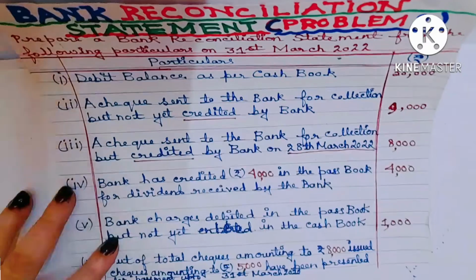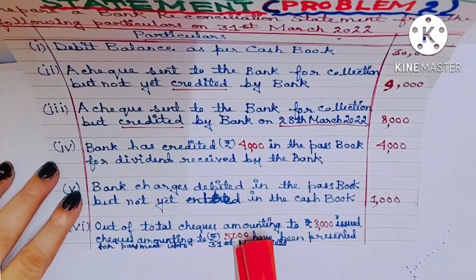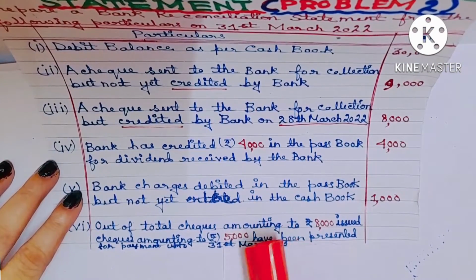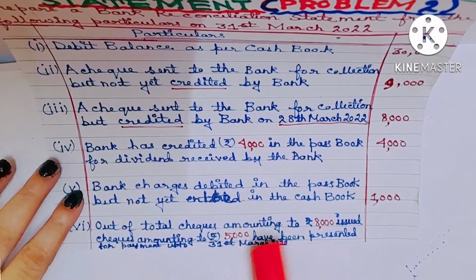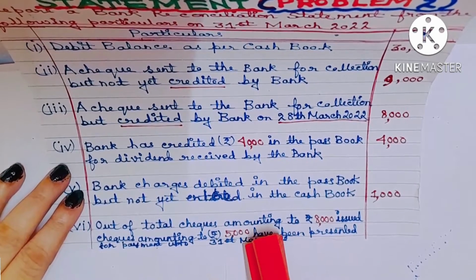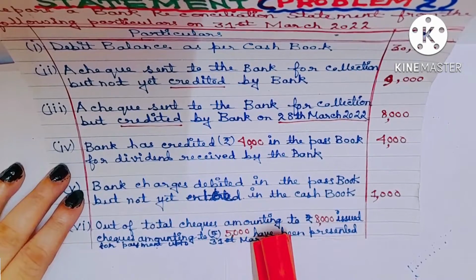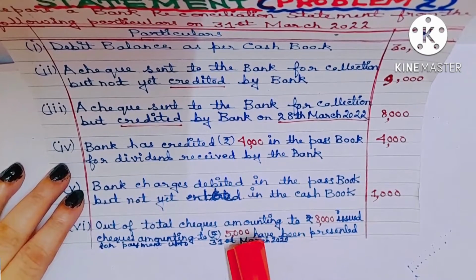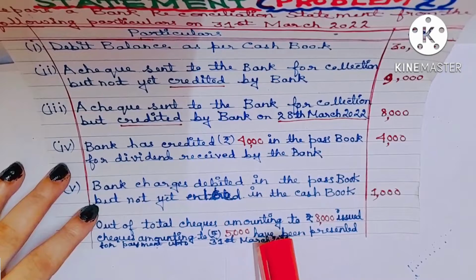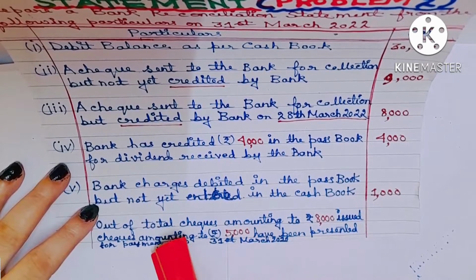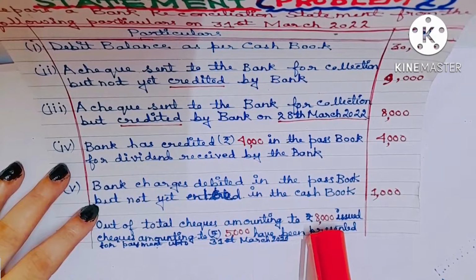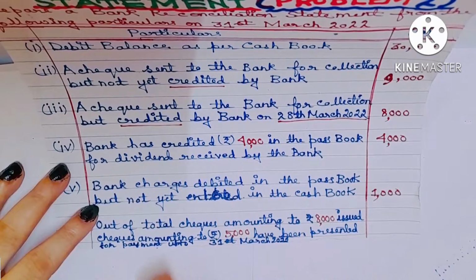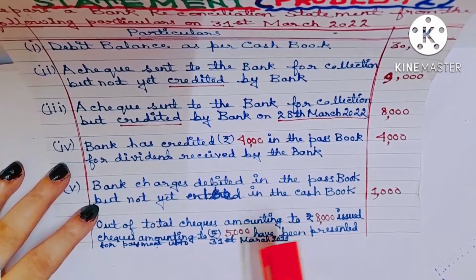That means suppose there are 2 checks paid to a creditor. One check amounting to rupees 5000, another check amounting to rupees 3000. If you add 5000 plus 3000, it will give you 8000.